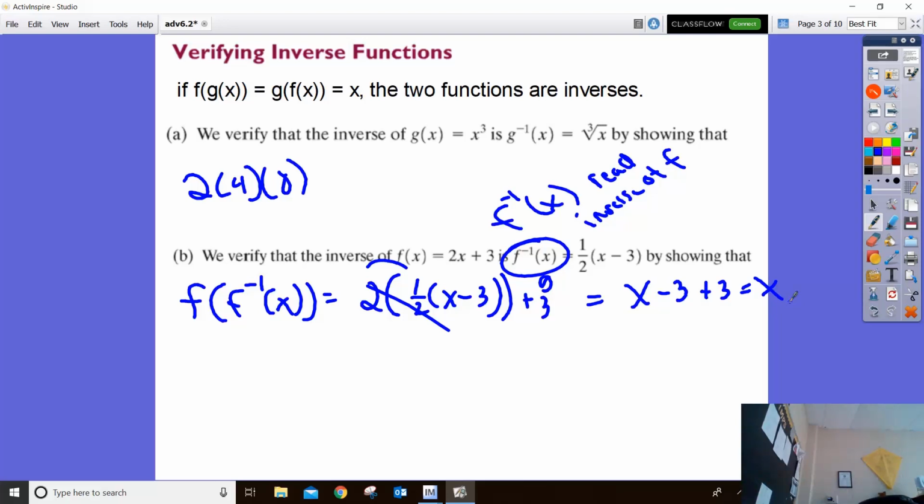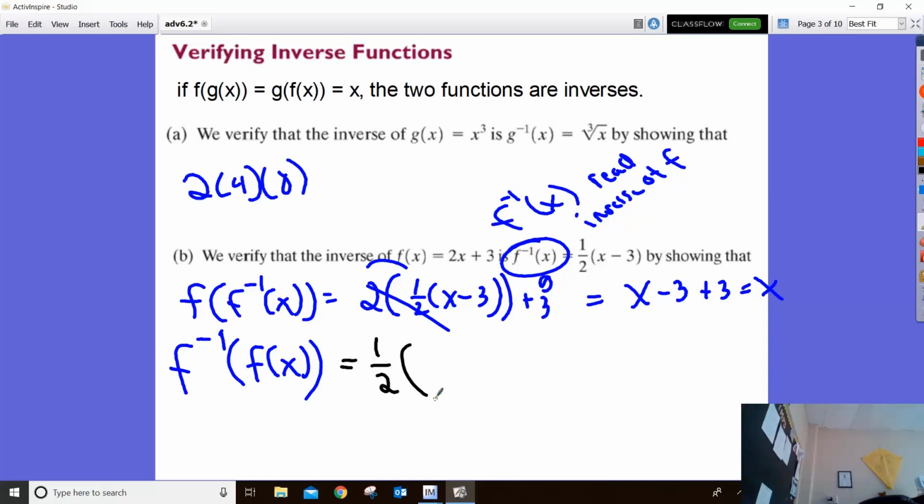Now we go the other way around. The supposed inverse composed of f. So when I start writing down the supposed inverse, I encounter an x, and what do I replace that x with? 2x plus 3. Also inside that set of parentheses for that supposed inverse was a minus 3.